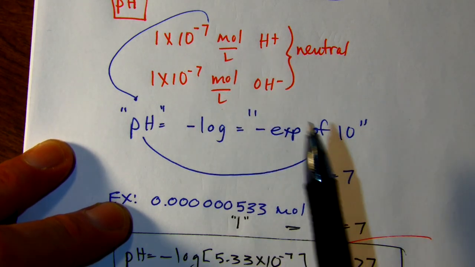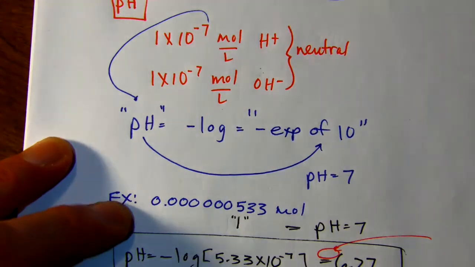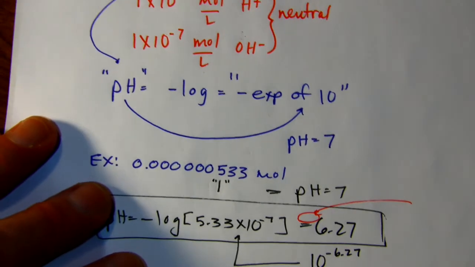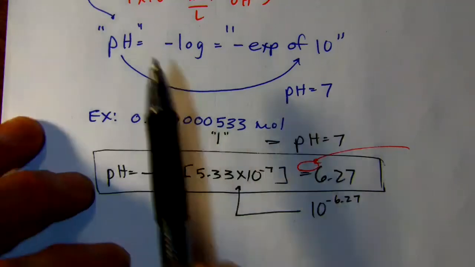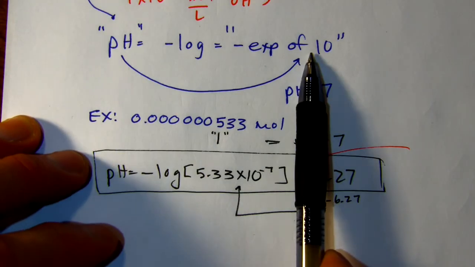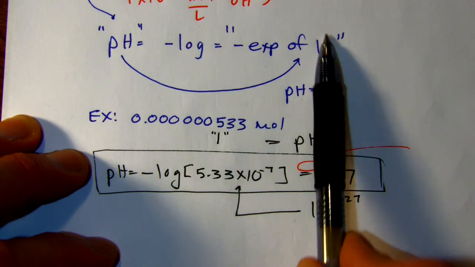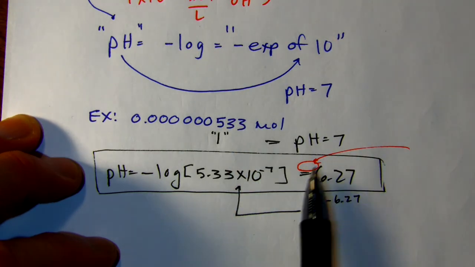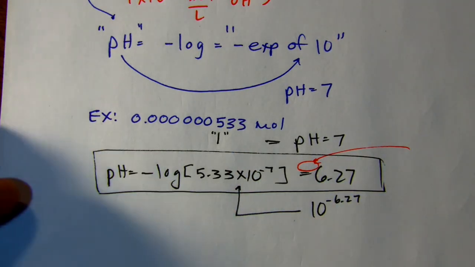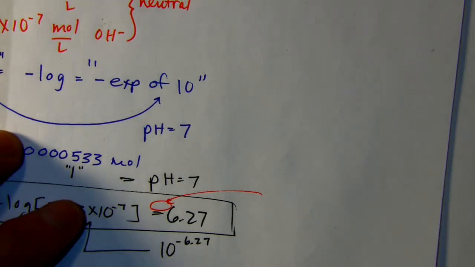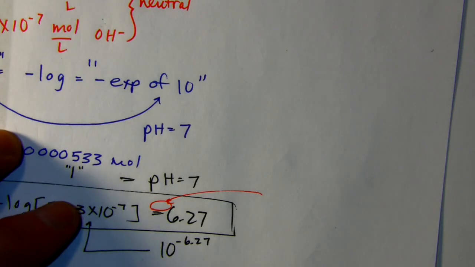It doesn't seem like a big deal, but actually, especially in the body, it can make a huge difference. So what we learned from before, pH is actually negative log. Log means exponent. Get used to that. Log and exponent. Exponent and log. So we did some examples here.